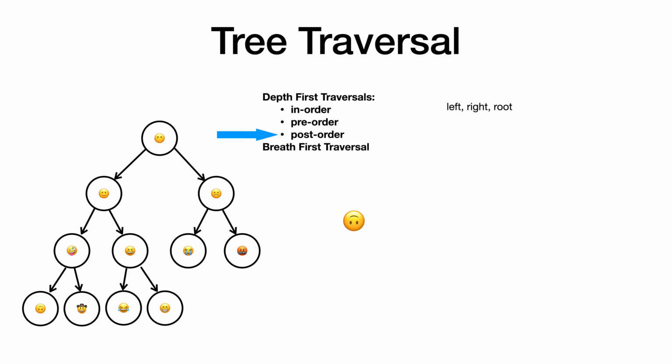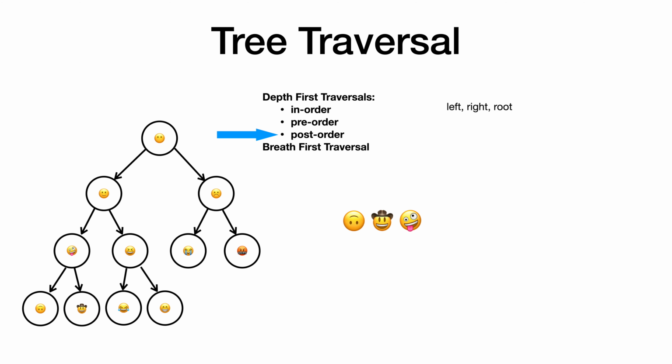But then, unlike in order, the goofy face waits until its right child is printed, and then it prints itself. So again, just like we saw in order, this subtree really sort of exemplifies the traversal method that we're working with. It prints both of its children before it prints the root of the subtree.